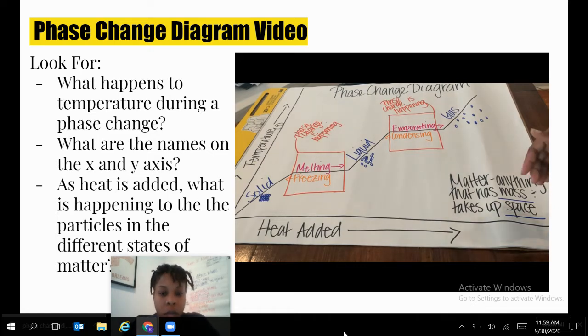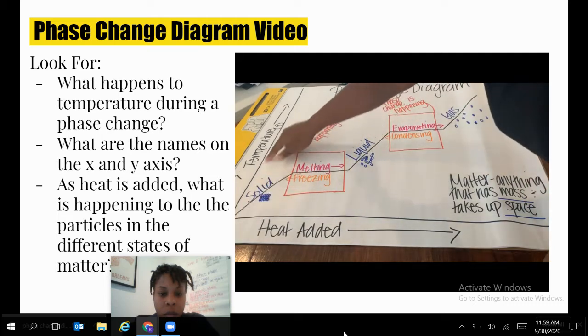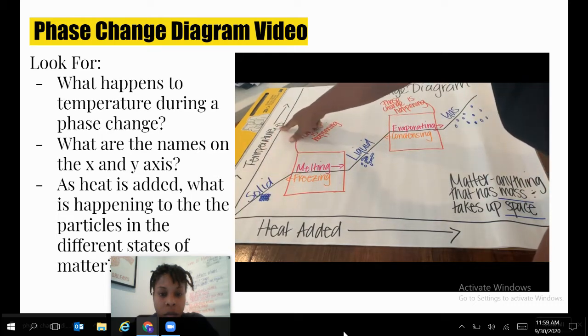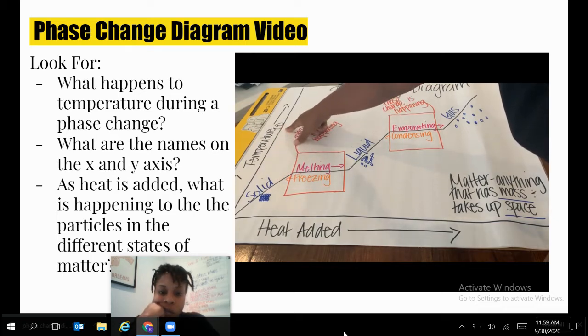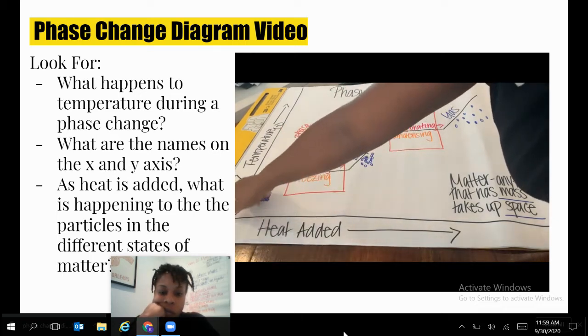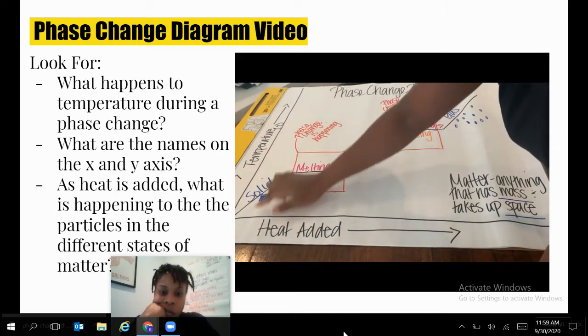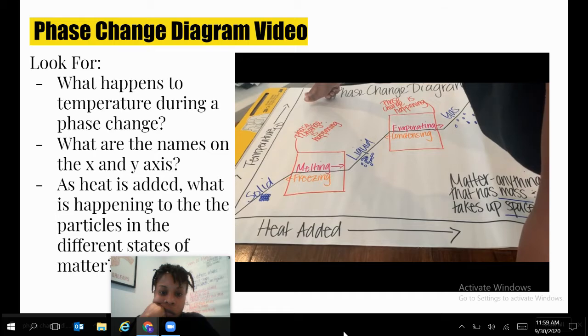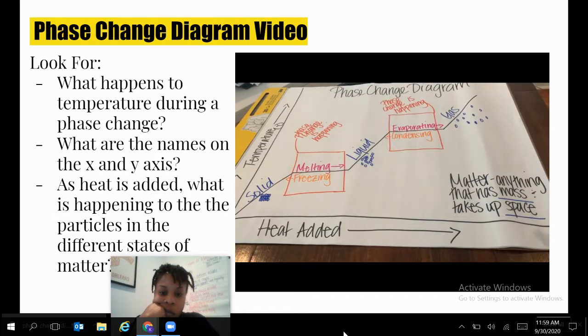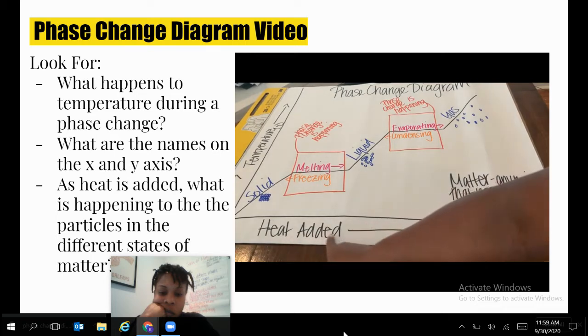On the y-axis, you have temperature. I put the degrees of temperature, so the temperature is in degrees Celsius. I added arrows going up because as we move up the y-axis, temperature is increasing. Then you have the x-axis, which runs horizontally, and the x-axis is heat added.